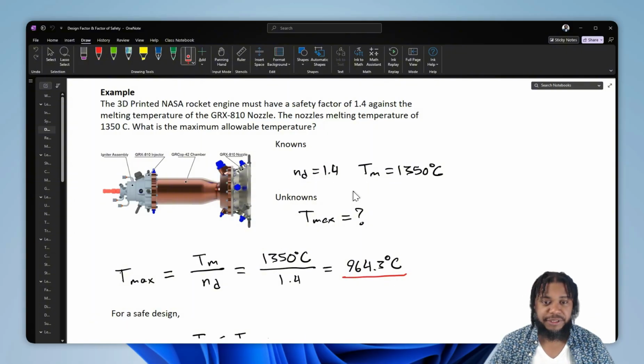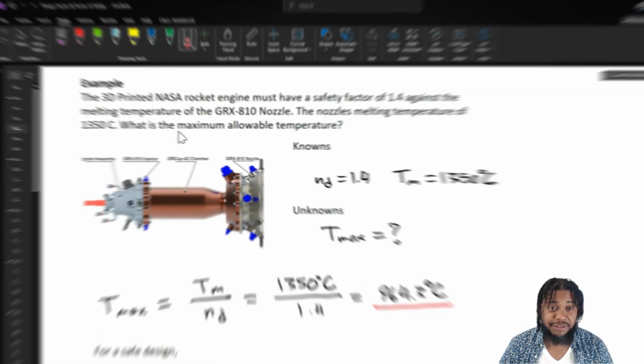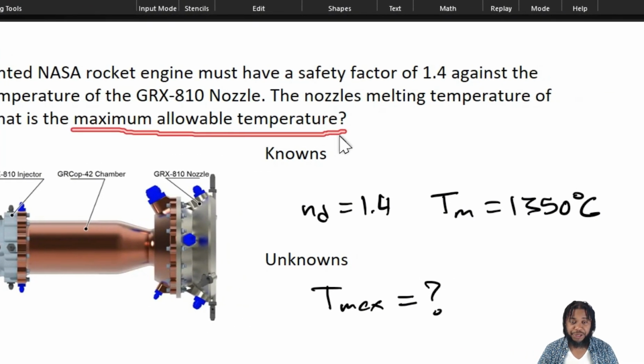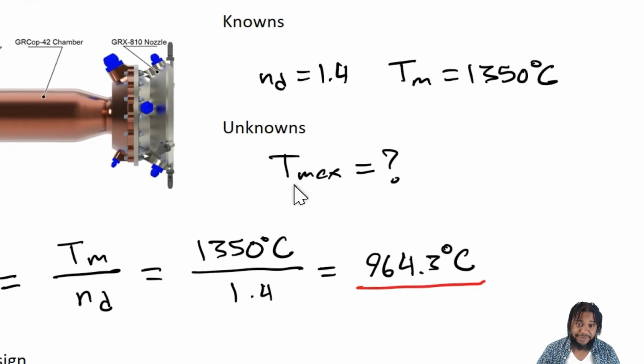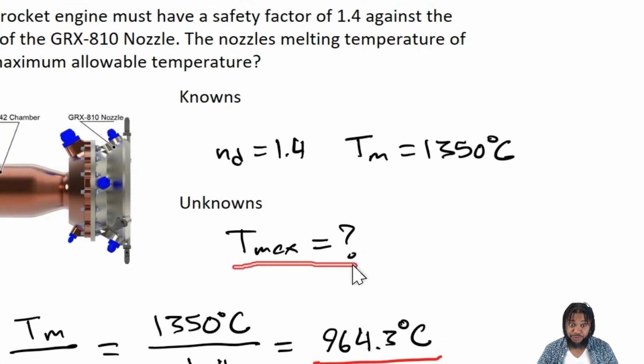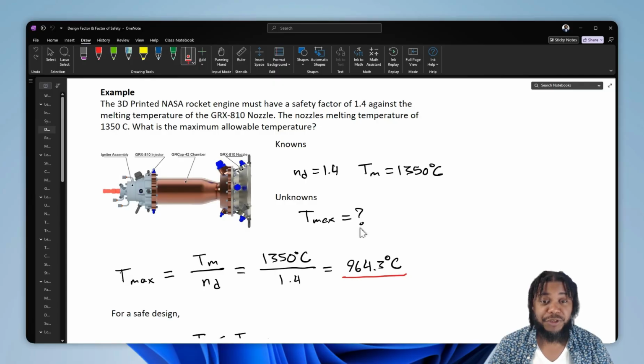Now, our unknown is the thing that we need to find. In the case of this problem, there's only one thing we need to find. We're asked to find the maximum allowable temperature. Let's call that T max is equal to question mark, right? And then in order to solve this problem, we need to create an equation, the design allowable equation for temperature.